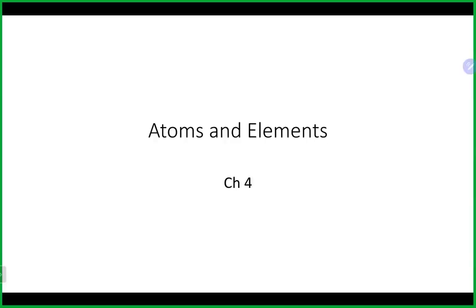All right, so last time we finally finished up chapter 2, talking about conversions and density. In this chapter, we're going to talk about really the atom. We're going to talk, not in great detail, but we'll touch upon some of the experiments that led to our understanding of the atom and the different parts of the atom.